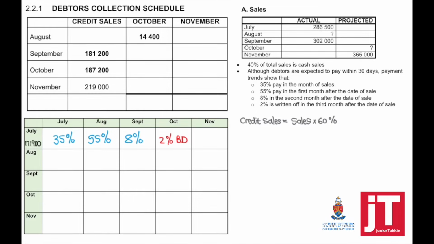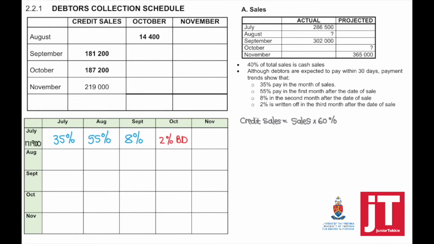That will not appear in the debtors collection schedule. That will appear in your projected income statement. Bad debts is a non-cash item. We've decided that we're not going to recover 2% of the total credit sales in July. So we expect to write off 2% in October.